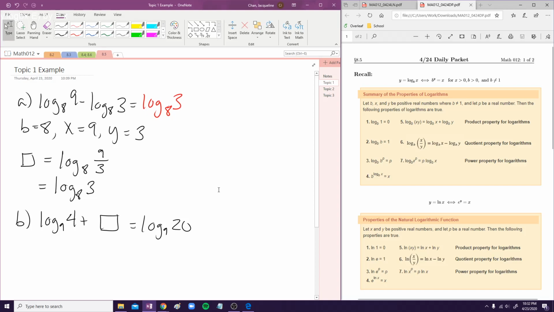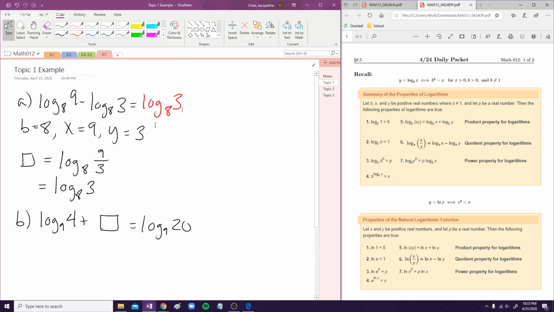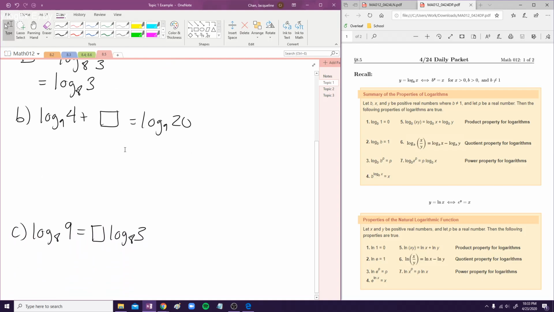For letter B, instead of solving as is, we have to still find the missing piece. So we have log base 9 of 4 plus blank is equal to log base 9 of 20, right? Since I have to fill in stuff on the left, maybe it would be easier to work on the right-hand side.